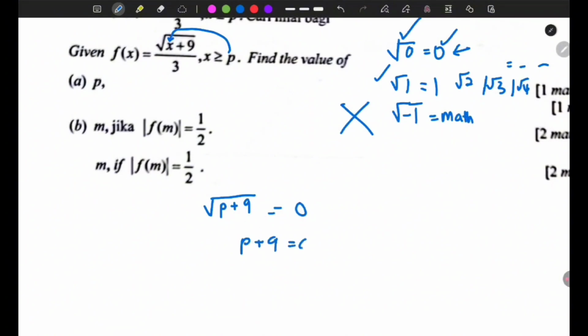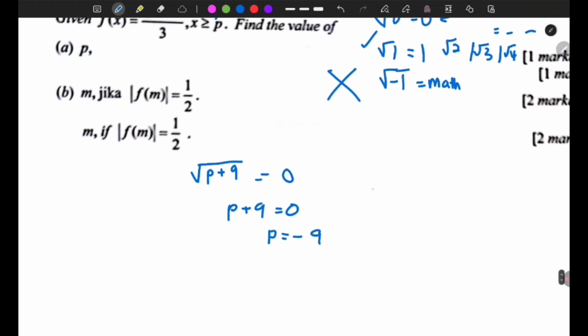If let's just say you make it equals to 0, you will get your P equals to negative 9. And let's just say key inside negative 9 plus 9, you'll get a square root 0, isn't it? And square root 0 is still a 0. If more than that, it's okay, you still get a number, correct or not? For example, more than negative 9 is negative 8.